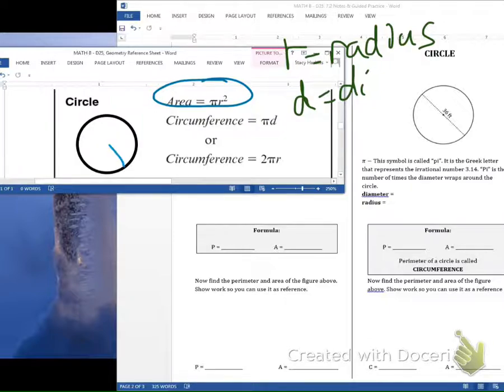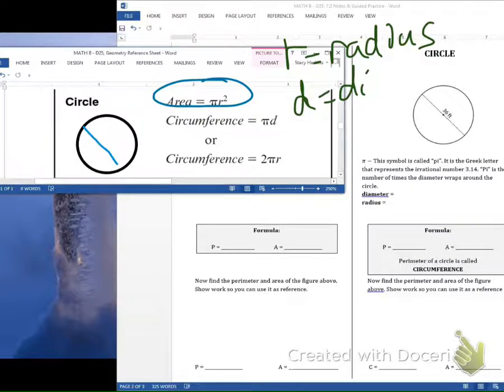Anywhere the clock hand can go, that's the radius, as long as it's starting from the center of the circle. So it doesn't matter which direction it's sticking out from. Halfway across from the center of the circle is called the radius.